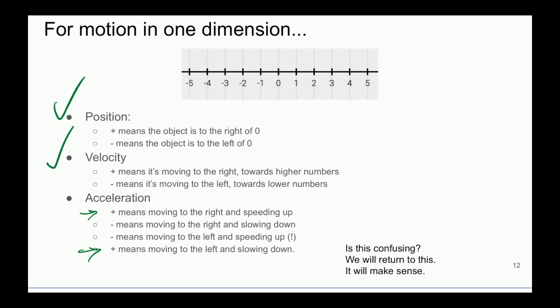And there are other combinations, right? If it's minus, it means something else. I'm going to read because I'm going to get mixed up, right? It's moving to the right and slowing down, or moving to the left and speeding up. These are negative accelerations. So just because I have positive acceleration doesn't mean I'm speeding up. It's more complicated than we would have thought.